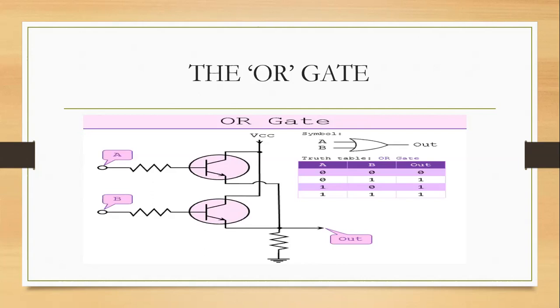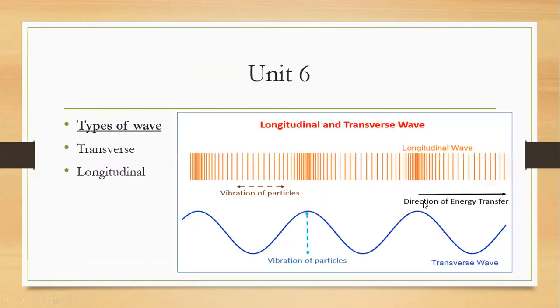For the OR gate, if one of them is connected to the potential source difference, we are going to get a reading at the output. So except 0, 0, all of the combinations are going to give us an output current. Okay, let's continue.